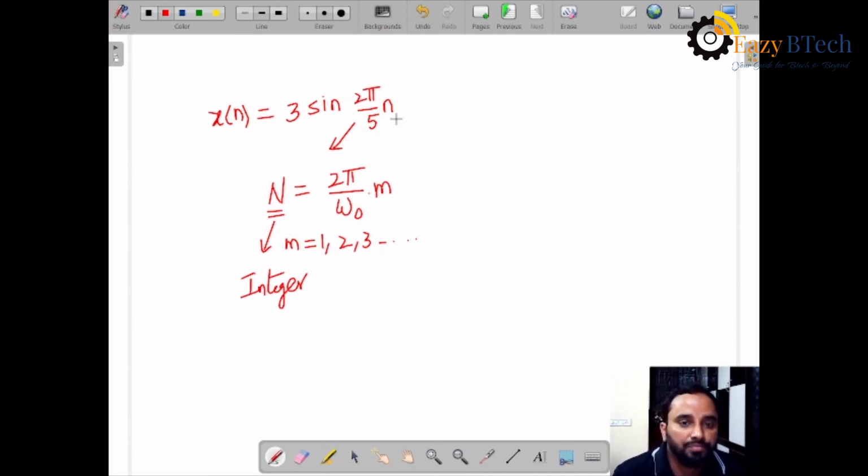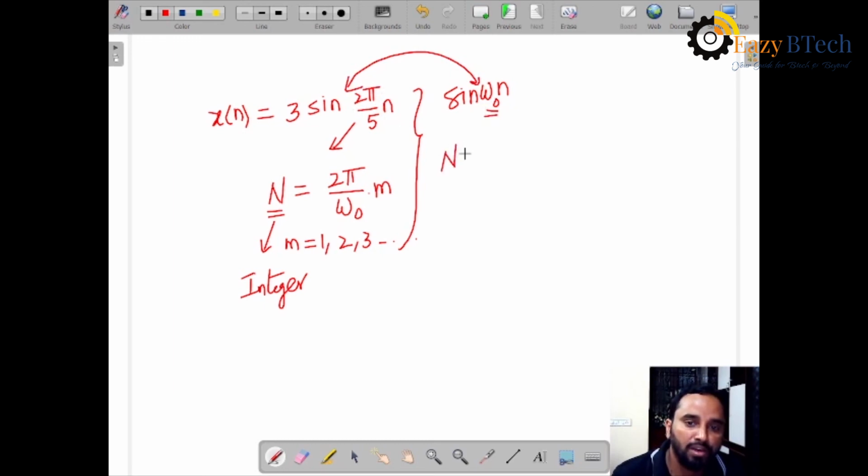So what is a discrete sinusoidal? We have sine omega naught n. This is the discrete sinusoidal. What is the omega naught given? 2 pi by 5. Compare, and we can understand omega naught is 2 pi by 5. Now capital N is equal to 2 pi by omega naught, which is 2 pi by 5 into m.